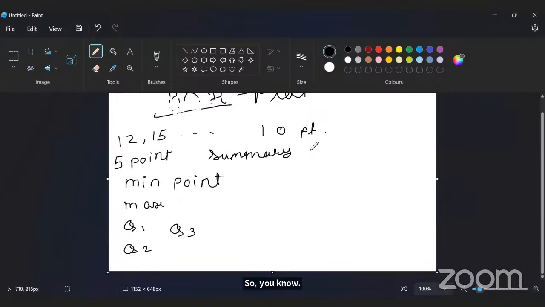So first of all, to represent all these points, we will arrange the data points in ascending order. Whatever the data points are given, we first arrange them in ascending order.